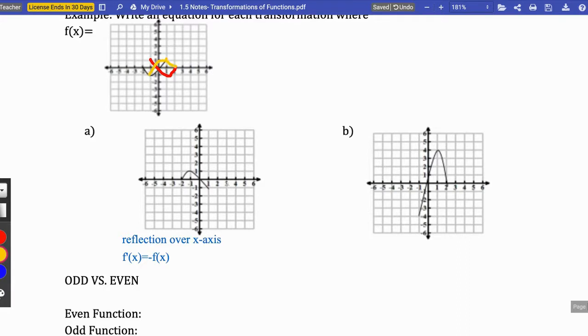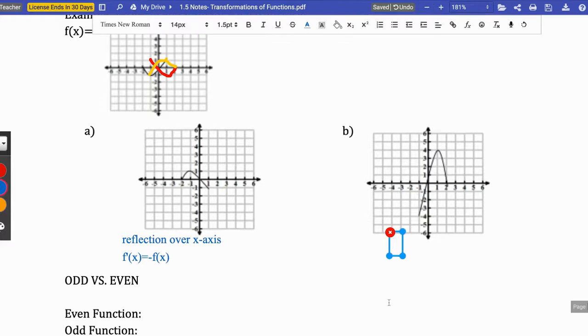So that's starting to give me more of the shape. So it looks like this was reflected over the x and the y-axis. So two things happen: reflected over the x and y-axis. However, that's not it, because notice that this graph right here is significantly taller than this graph over here.